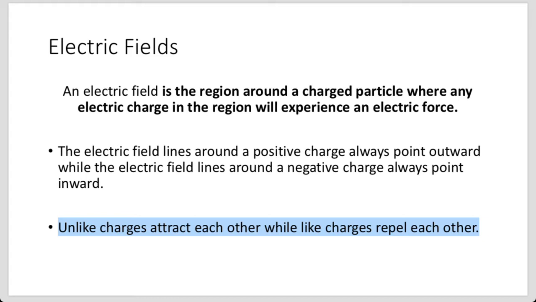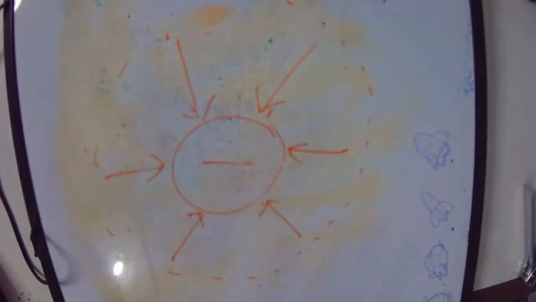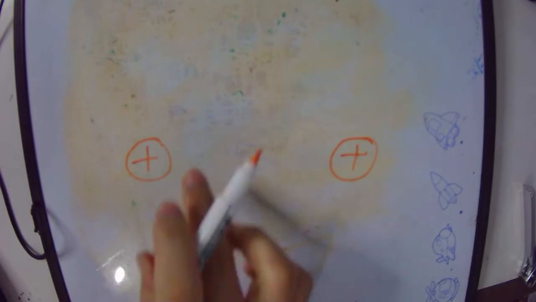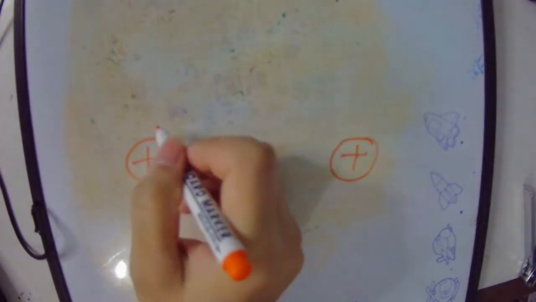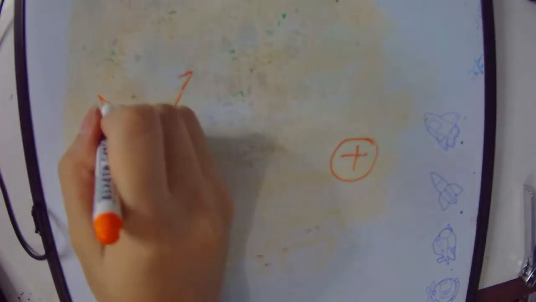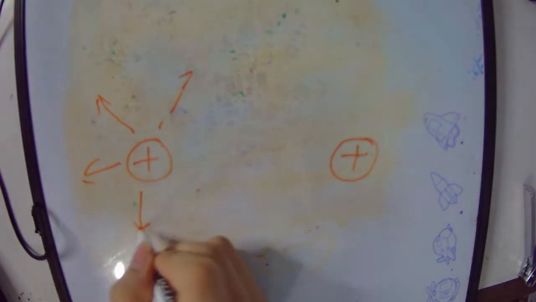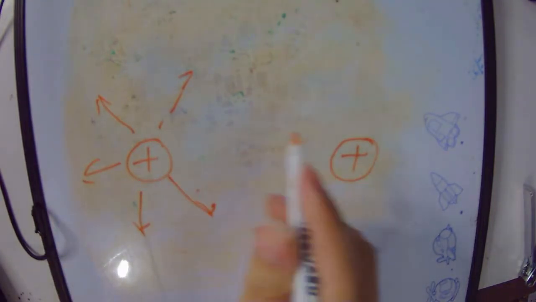So the way it looks is if we were to draw this phenomenon. Let's draw both positive first. If it was both positive, this has its own lines, right?